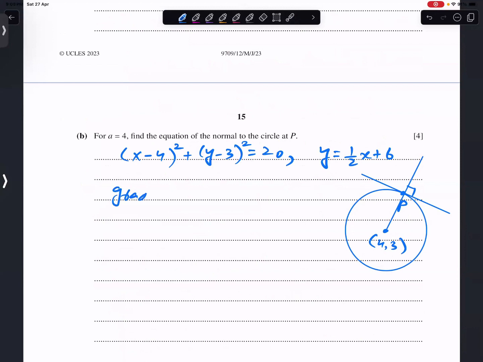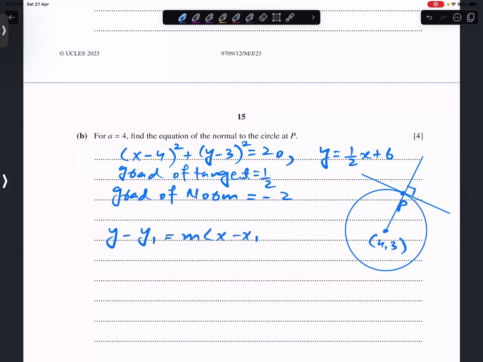So the gradient of normal will be... as the gradient of tangent is 1/2. The equation of tangent is given, so the gradient of tangent is 1/2, and the gradient of normal will be the negative reciprocal. Now we will apply y minus y1 is equal to m times (x minus x1).